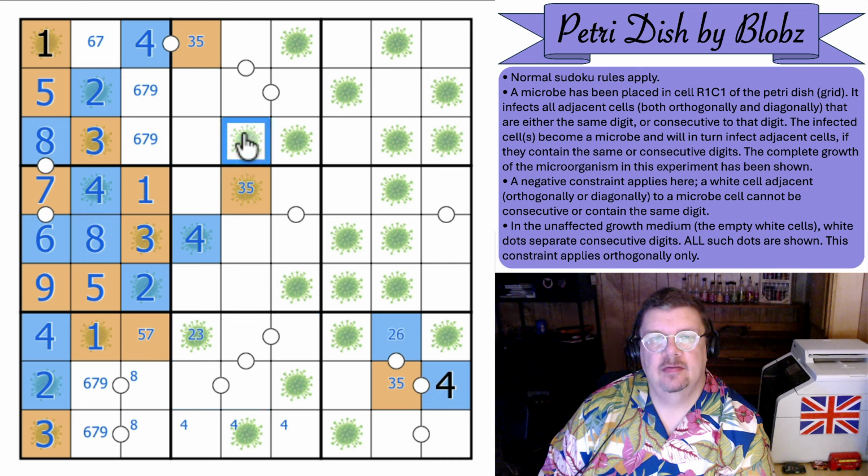Feels like this is the right way to go because I need to understand the order of infections. So if that's a 3, and this is infected directly, then that is 2 or 4.